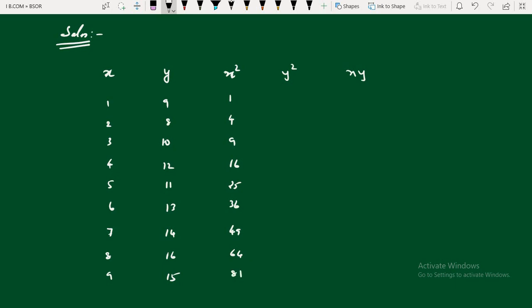Similarly y square: 9 square is 81, 8 square 64, 10 square 100, 12 square 144, 11 square 121, 13 square 169, 14 square 196, 16 square 256, 15 square 225.